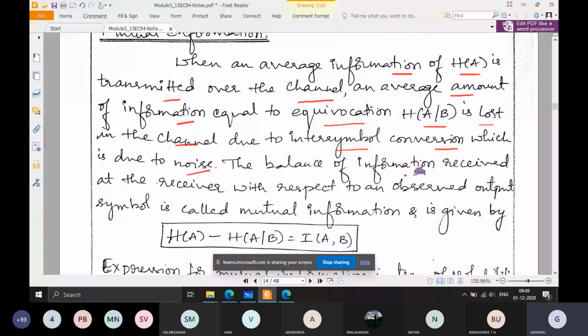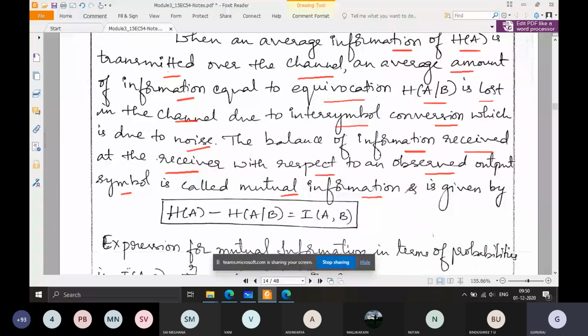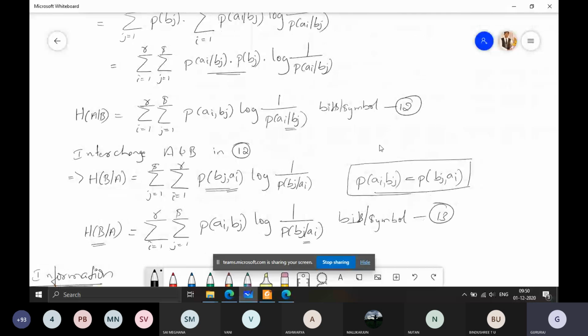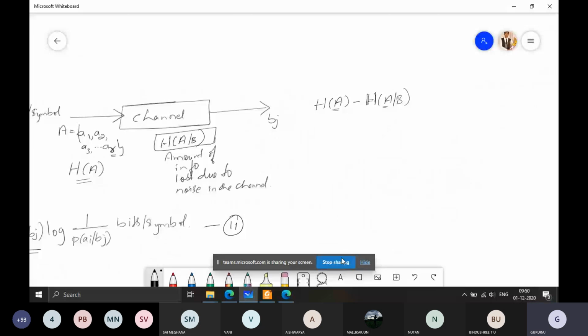The remaining information received at the receiver with respect to an observed output symbol is called mutual information, which is given by H of A minus H of A by B is equal to I of A comma B. So this mutual information is represented as I of A comma B.